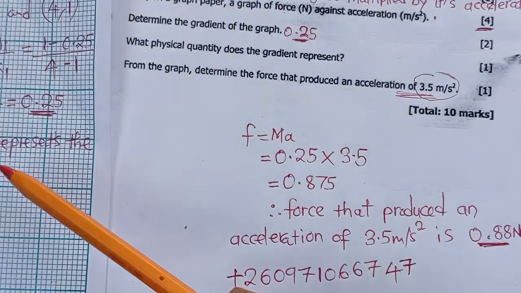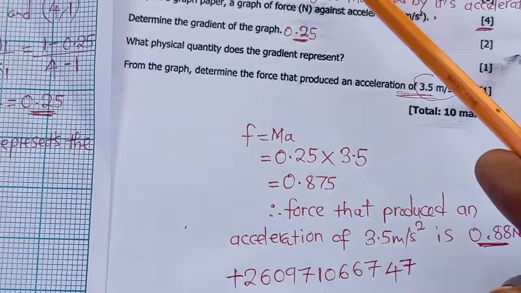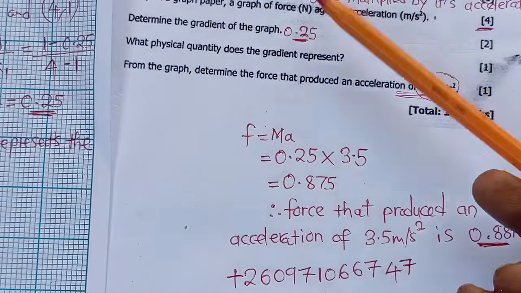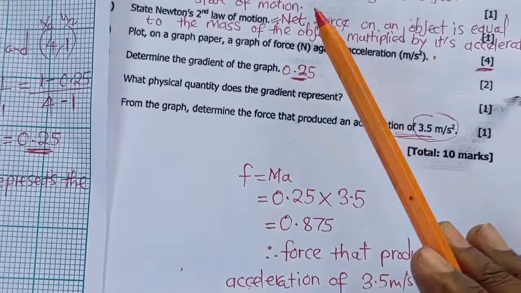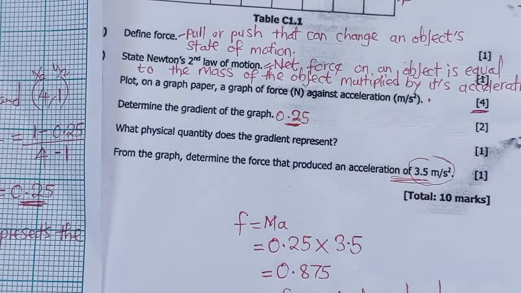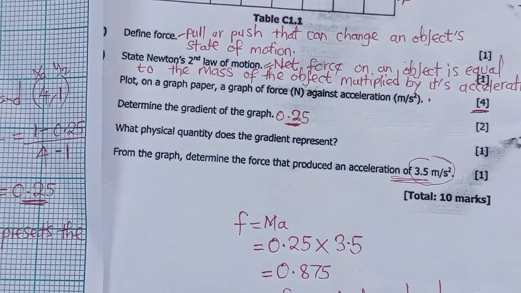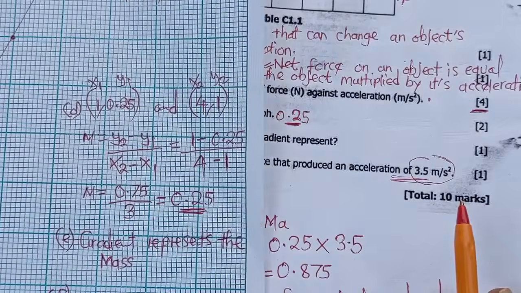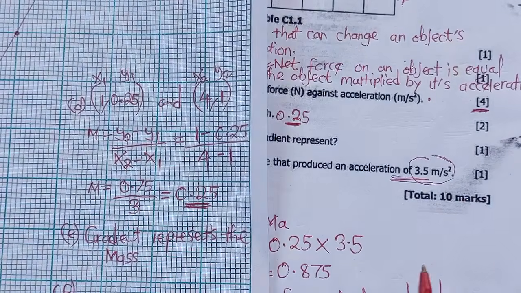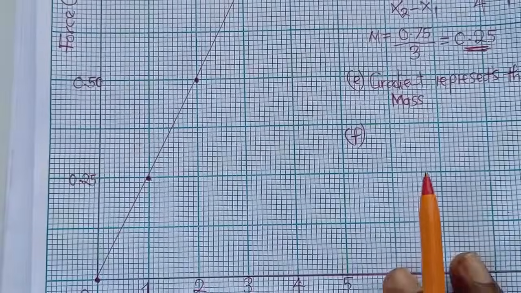The ones that you are able to write in the answer booklet, you write there, not like this. The most important thing is numbering your work. You need to know how to number your work.